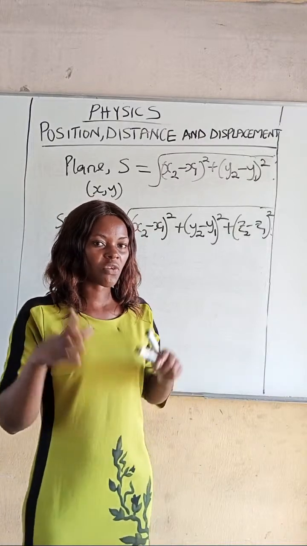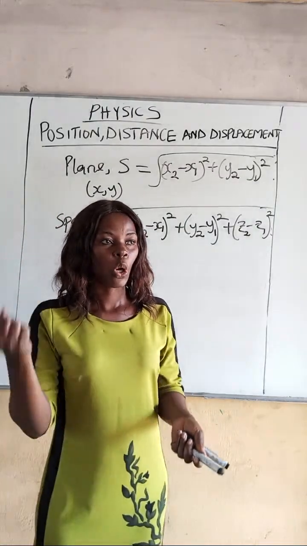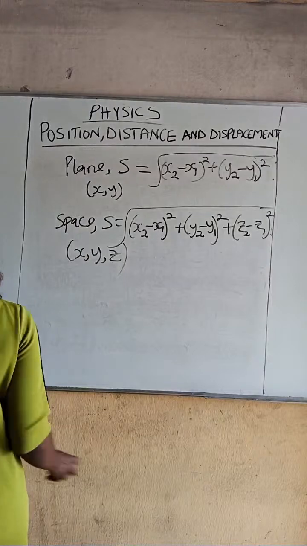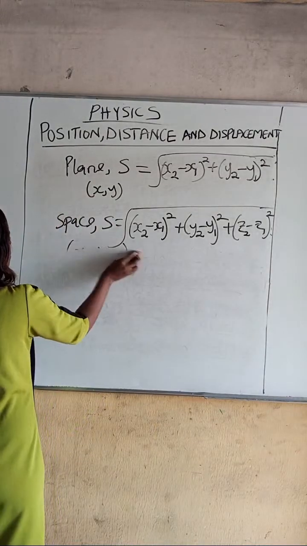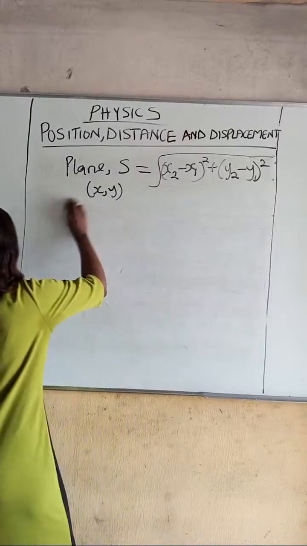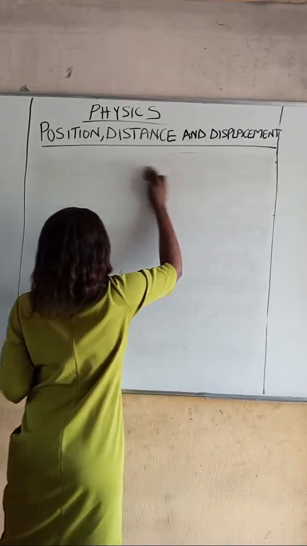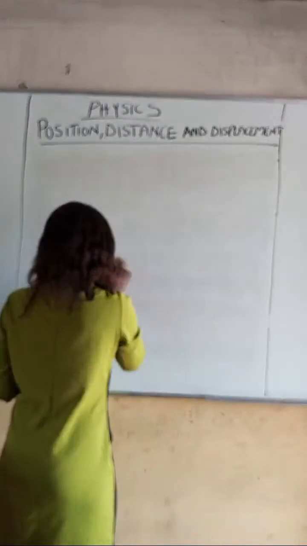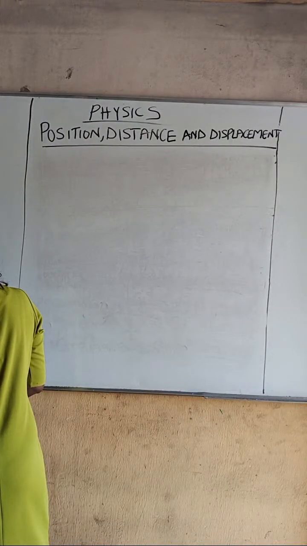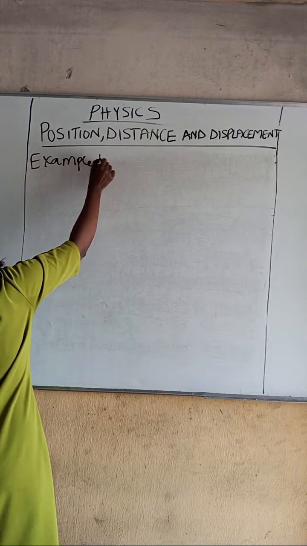So let's look at a few examples of how we can use this formula to generate the distance covered between 2 points on a plane and also in space. Let's look at example 1.